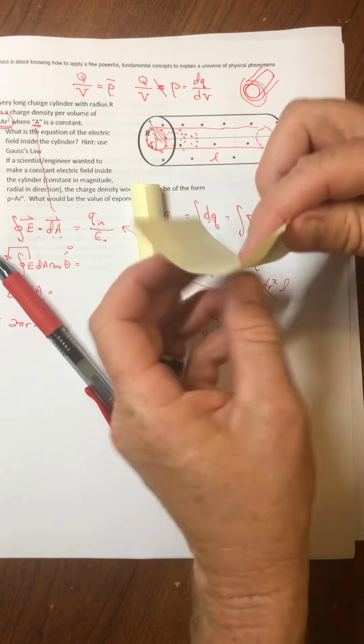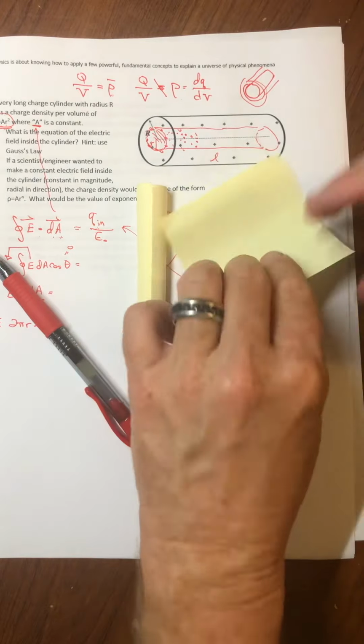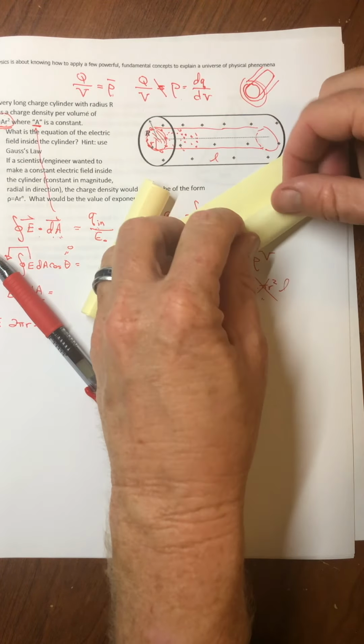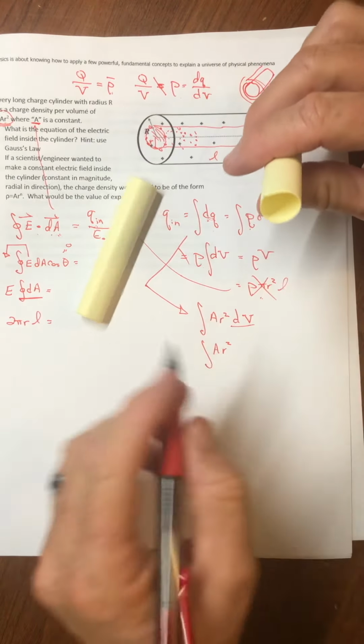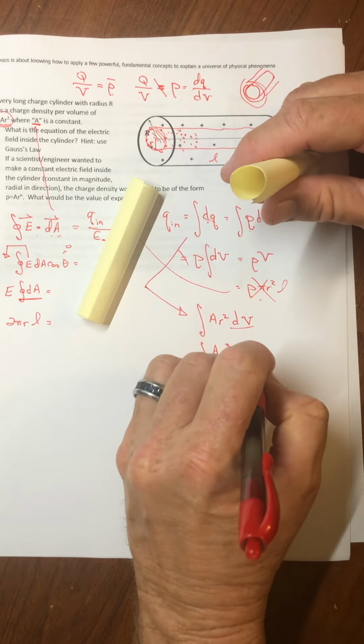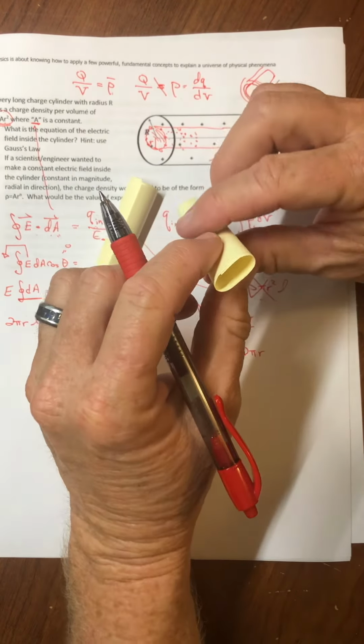So if you go back to imagine it rolled up, its length would be its circumference, 2 pi r.